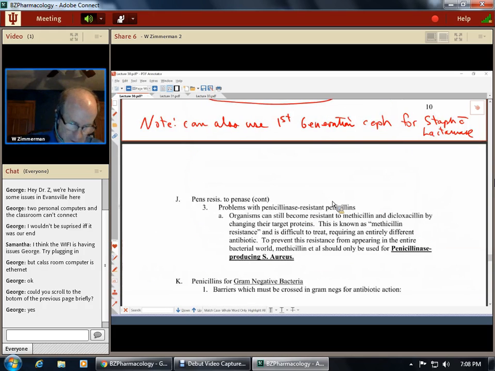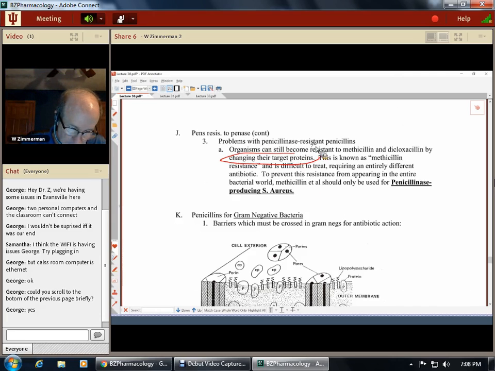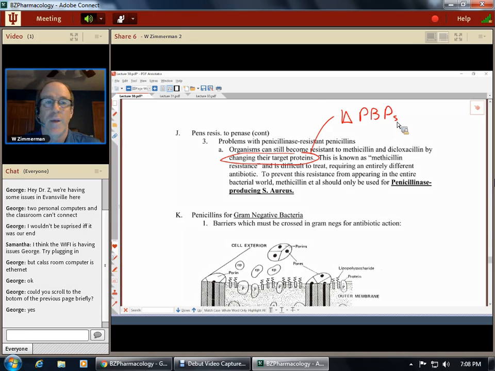Alright, the problem though with these penicillins that resisted the staph penicillinase was the staph didn't go down for long. They changed their target proteins. So they changed the penicillin binding proteins. And that's methicillin resistance.